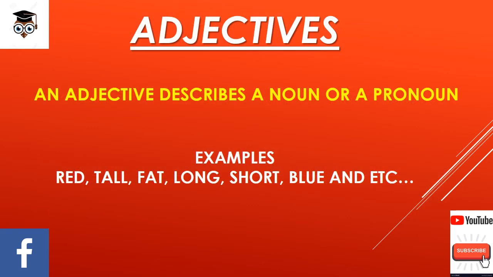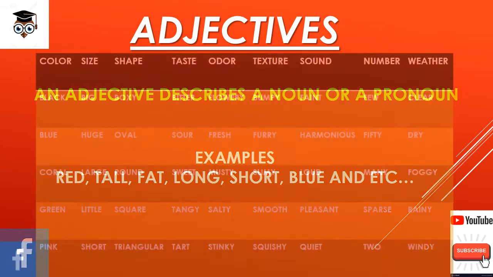Adjectives. What are adjectives? An adjective describes a noun or a pronoun. Example: red, tall, fat, long, short, blue, and so on.